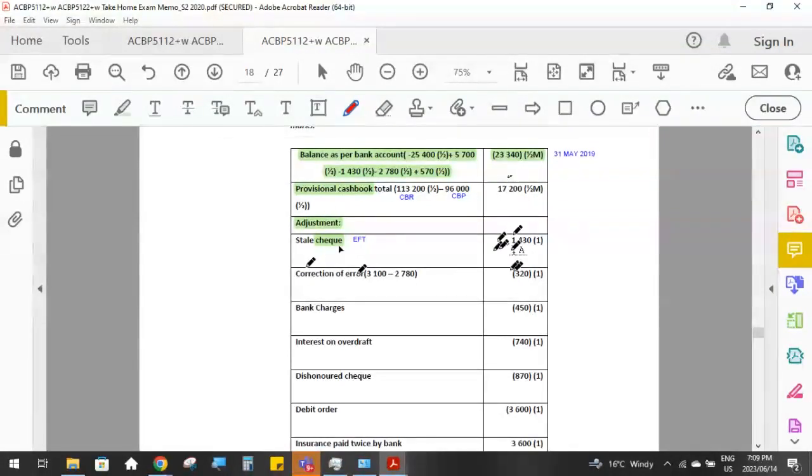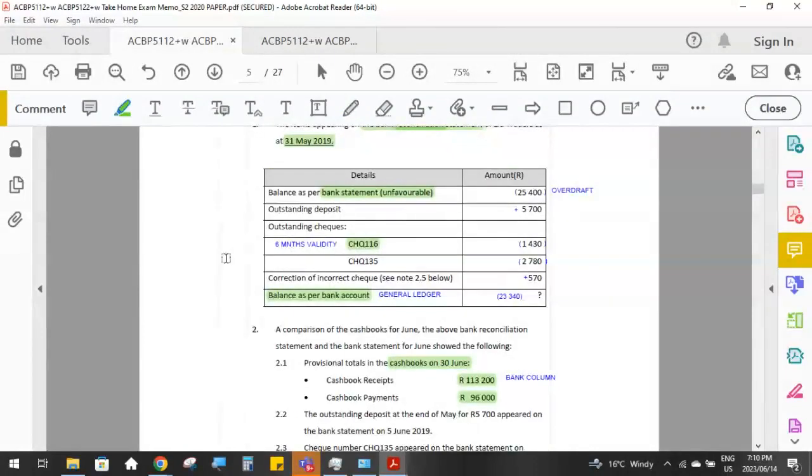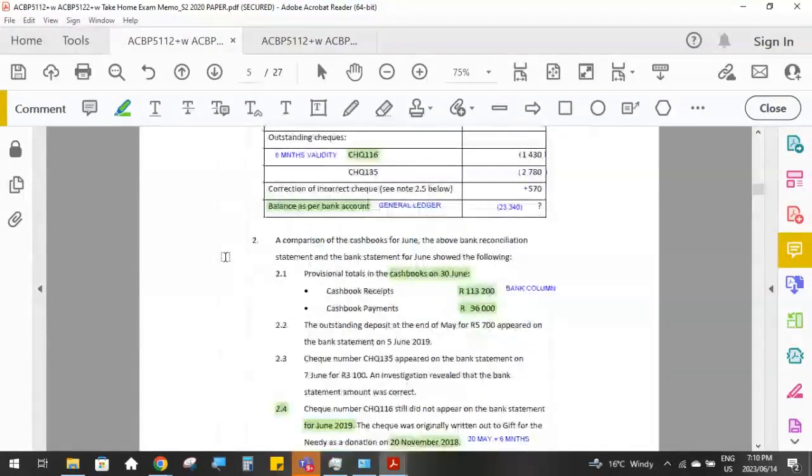Then the next item we are deducting from our bank account. There's a correction of an error, 3100 to 2780. And this is check 135, this check, which is on our bank recon for 2780. The bank has now processed that check, but they processed it for an amount of 3,100.